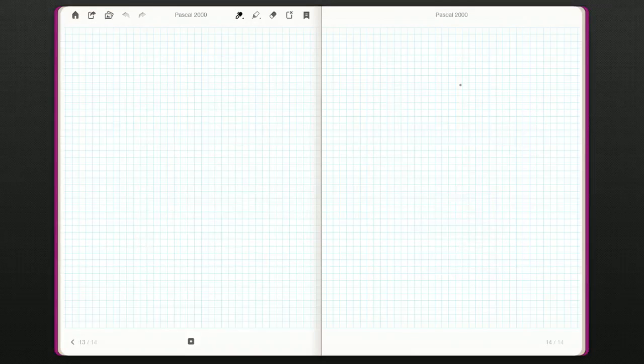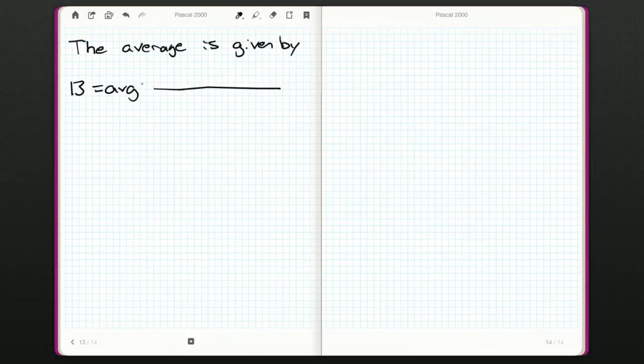So we grab our pen, we grab a new piece of paper, and we say, okay, 13 is the average, and it's of 7 numbers. The first ones I remember are 6, 14, x, and then I honestly don't remember what's left.